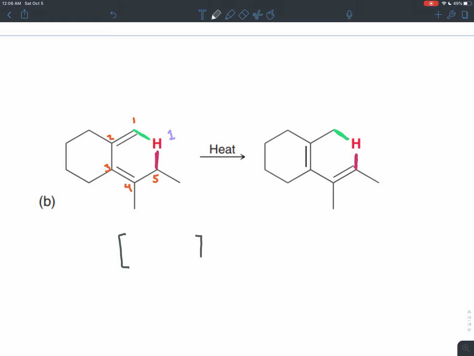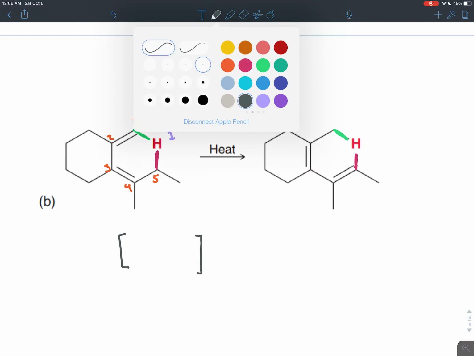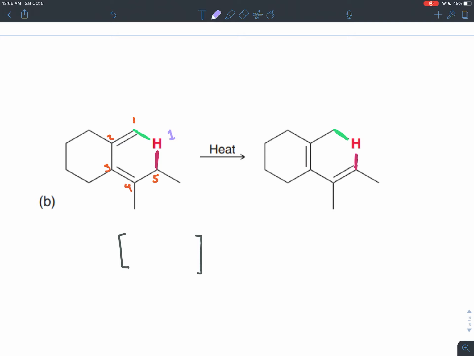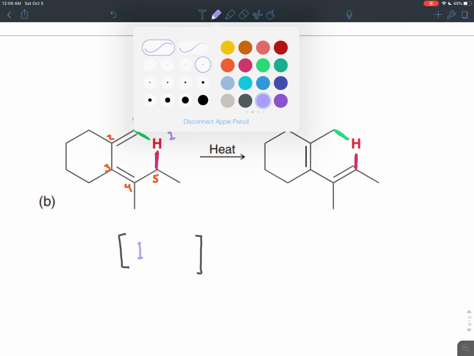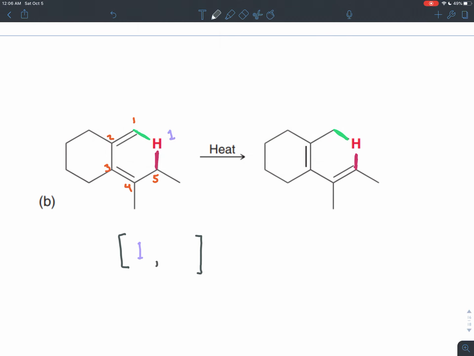These sigmatropic rearrangements are classified with brackets, and inside the brackets you put those numbers, with the smallest number first. On one side, between the sigma bond that's broken and the sigma bond that's formed, we have just 1 atom, the hydrogen. On the other side, we have 5 atoms. So this is classified as a [1,5] sigmatropic rearrangement.